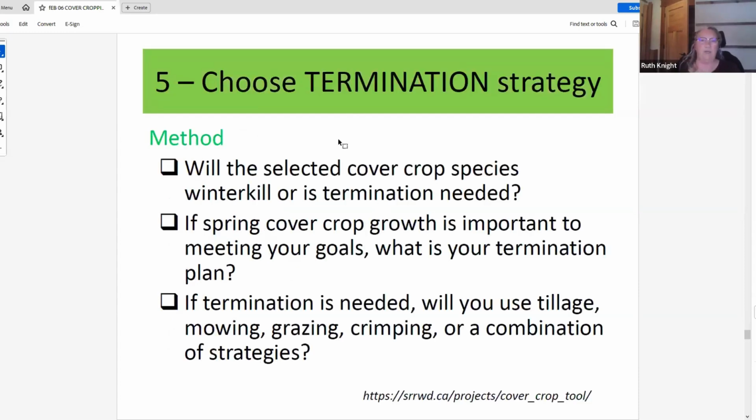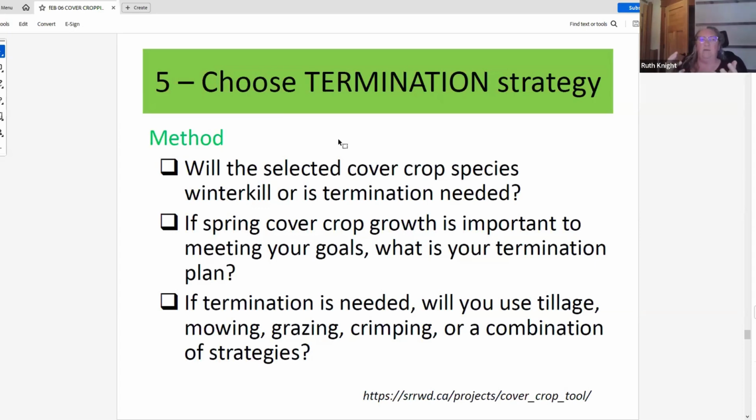The 5th step is determining how you're going to terminate it, because some species will winter kill and others will need more aggressive termination. If spring cover crop growth is important in terms of meeting your goals, you have a very short window. What is your termination plan?